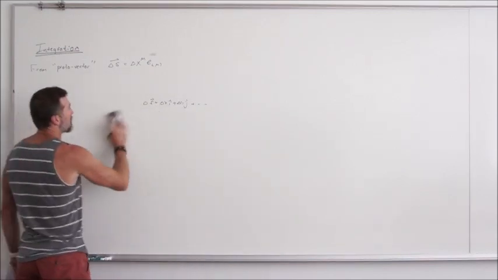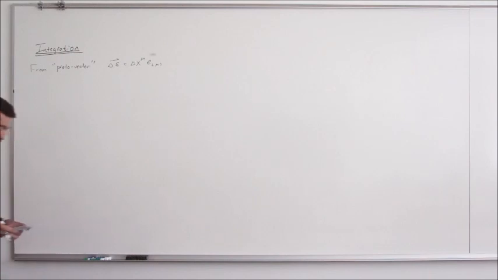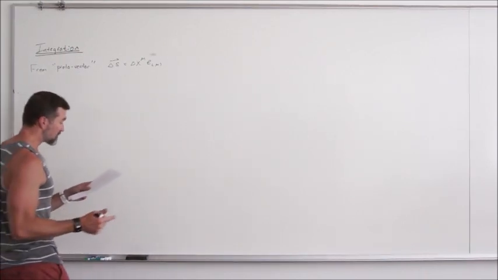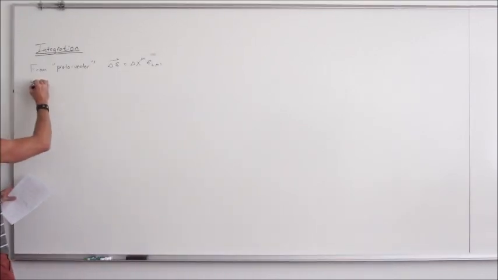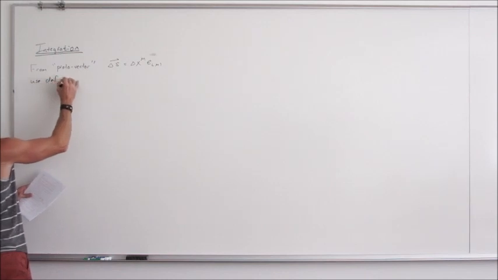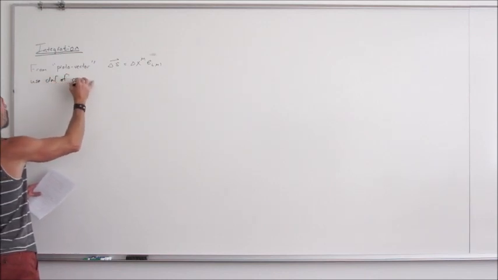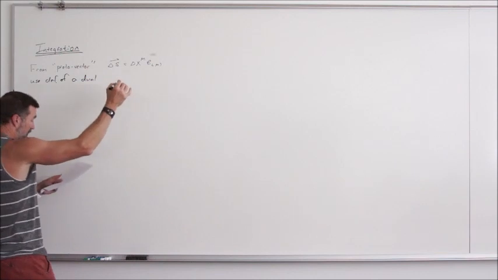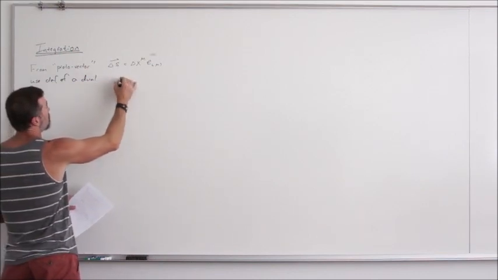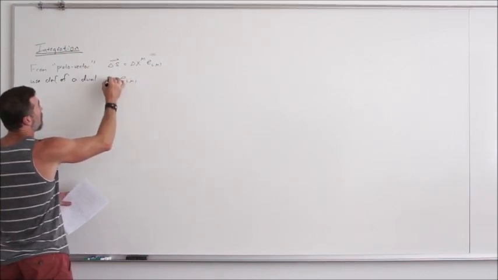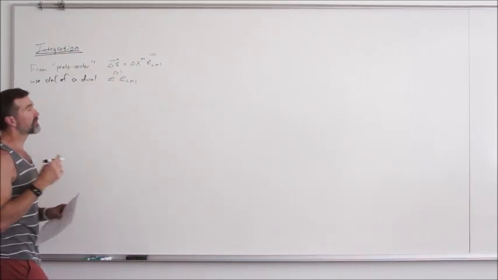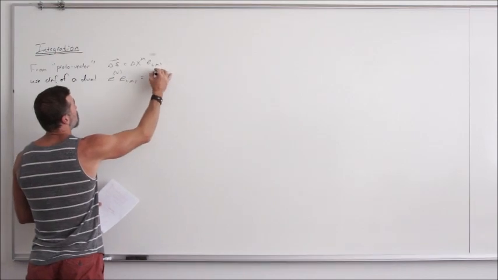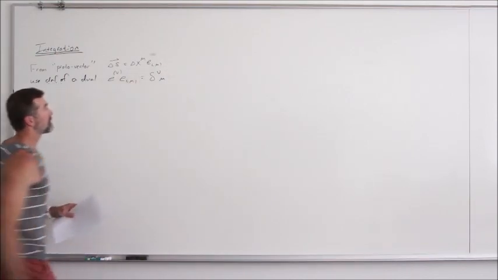And then you do this nice string of argument, which again we did in GR, and I'm not going to repeat that here. You could always look up my GR lectures. But you start with this protovector, and then you use the definition of a dual vector. And the definition of a dual vector is that if you have a basis vector and you let it be eaten by a dual basis vector, then the result is just the delta function in the indices.